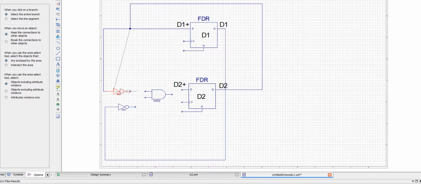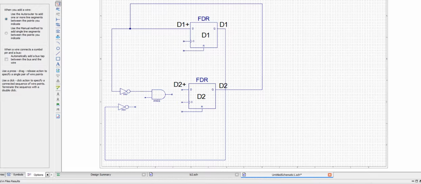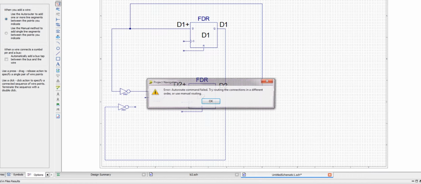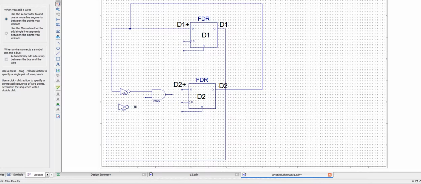Now let's connect them together. So now these two are ANDed together, and now I can connect them to D2 plus.